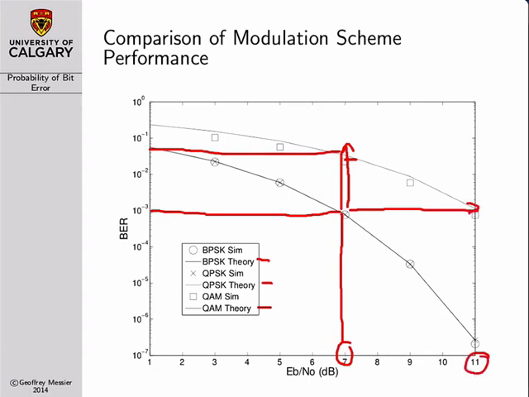So we would have to increase our energy per bit, or the amount of energy we invested in transmitting each bit, by 4 dB in order to get the same reliability at twice the throughput.